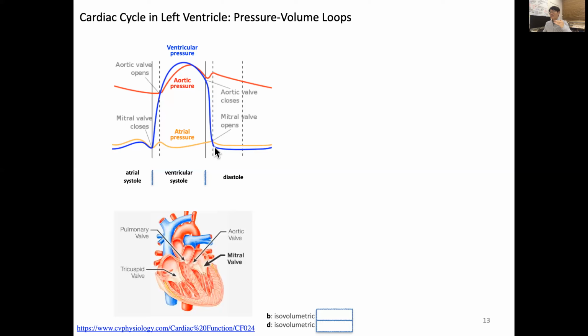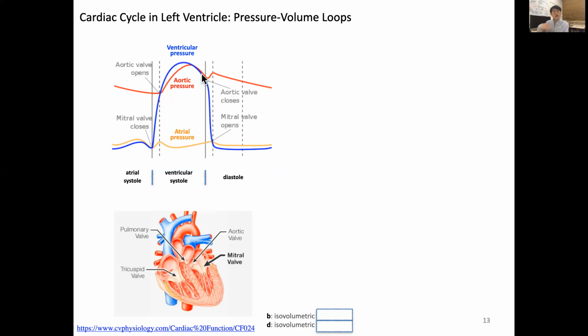And in this part, we keep relaxing. So the pressure is kept down, and this is diastolic. So you can see one by one throughout the cardiac cycle, these pressure differences make the mitral valve close and open, and the aortic valve open and close.